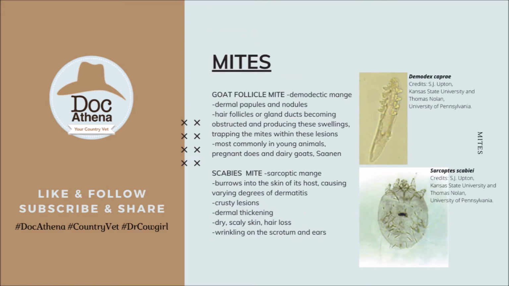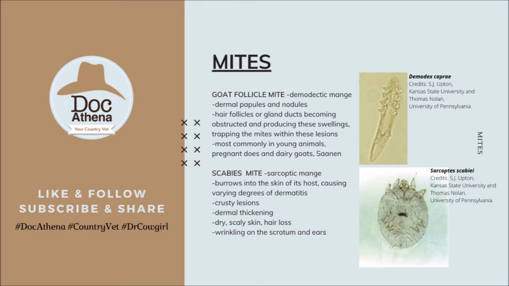We have goat follicle mite, which causes demodectic mange. Demodectic from the genus Demodex. So Demodex capreae produce dermal papules and nodules. They cause the hair follicles or gland ducts to become obstructed and produce these swellings, trapping the mites within these lesions.